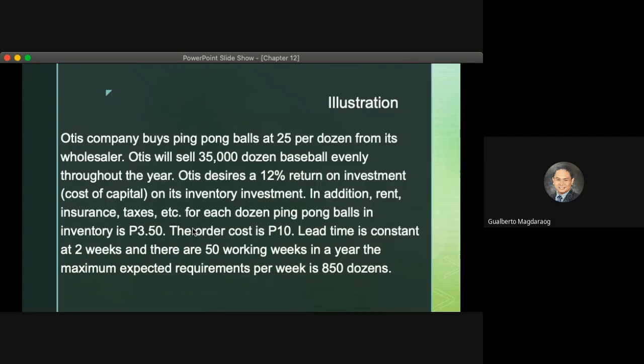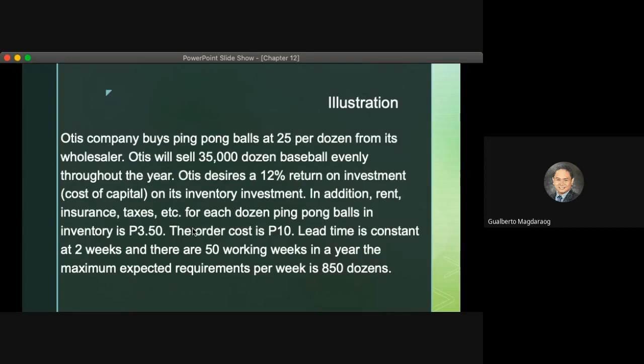So let's go to the illustration. Otis Company buys ping pong balls at 25 per dozen from its wholesaler. Otis will sell 35,000 dozen ping pong balls evenly throughout the year. Otis desires a 12% return on investment or the cost of capital on its inventory investment.